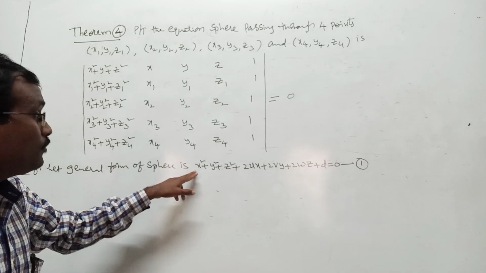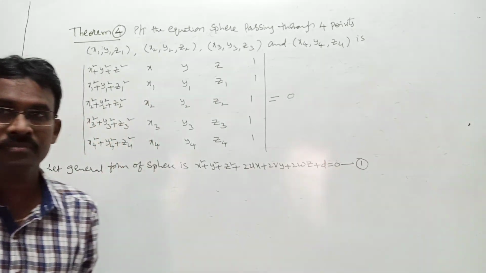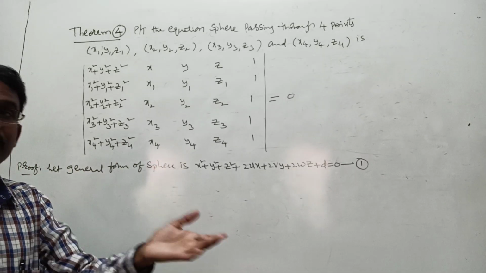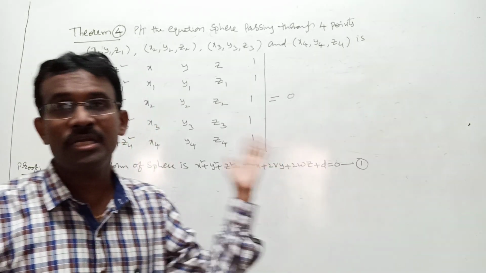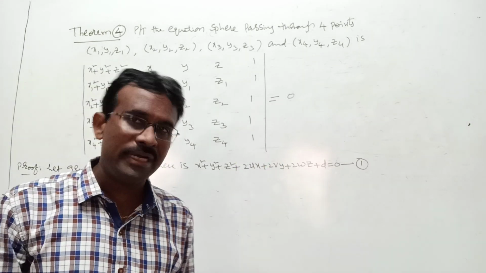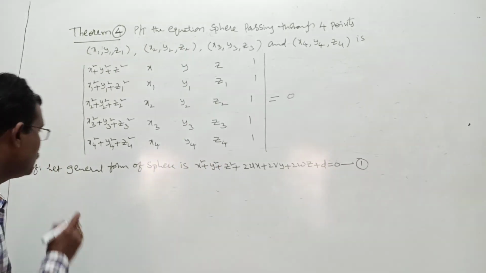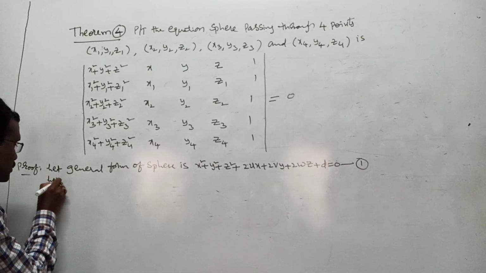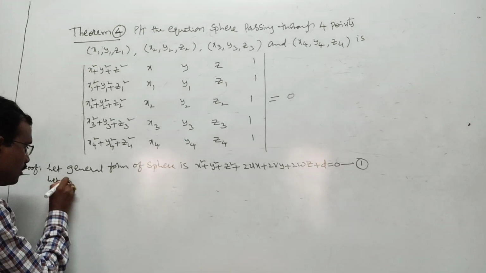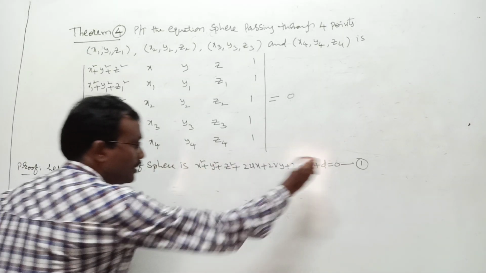Here, in this sphere equation one, u, v, w and d are unknowns. Let us eliminate them. You get one new sphere. That is your required sphere. To find u, v, w and d values, they gave 4 points. Use them. In the next step, let us consider the above equation as equation 1.